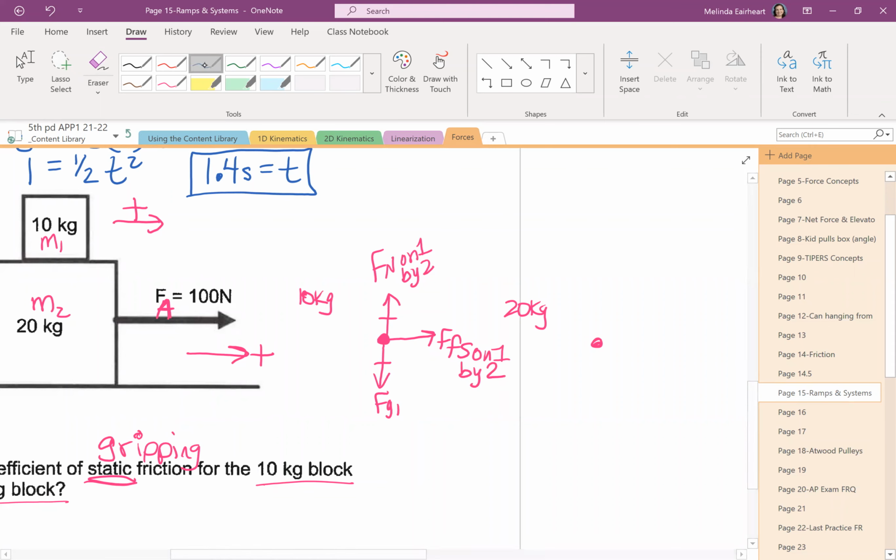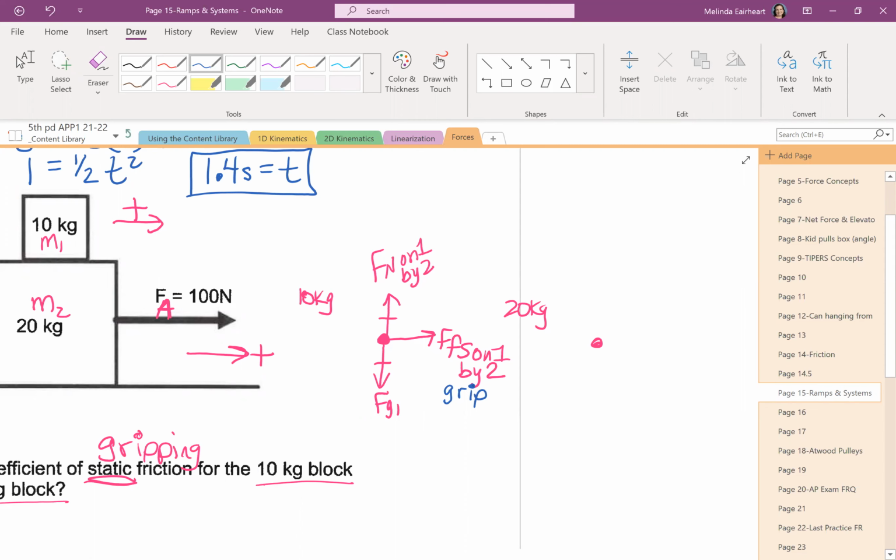And if you even want to note to self, it's not necessarily a label, but if you're like, but it's moving, yeah, but not at the bottom between the two blocks. It's stationary, it's gripping. So this is similar to walking, right? We said to walk, something has to propel you forward. My upper body's moving, but if my foot grips the floor, it's stationary at that point of contact, right?